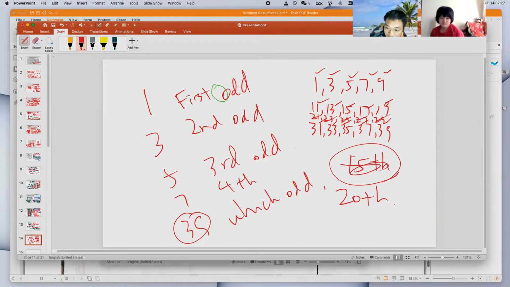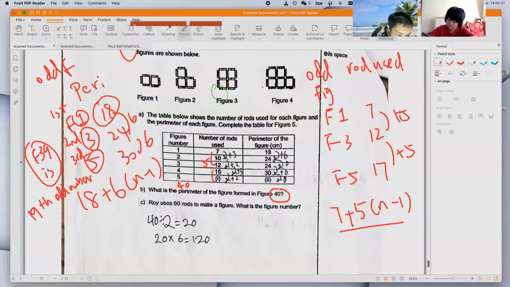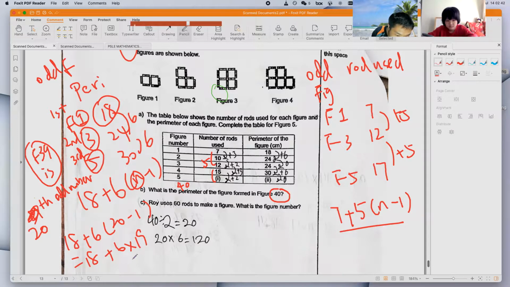So for the 20th odd number, you make use of the formula here. You put the 20 inside. So 18 plus 6 times 19. Can you help me out with your calculator? 132.